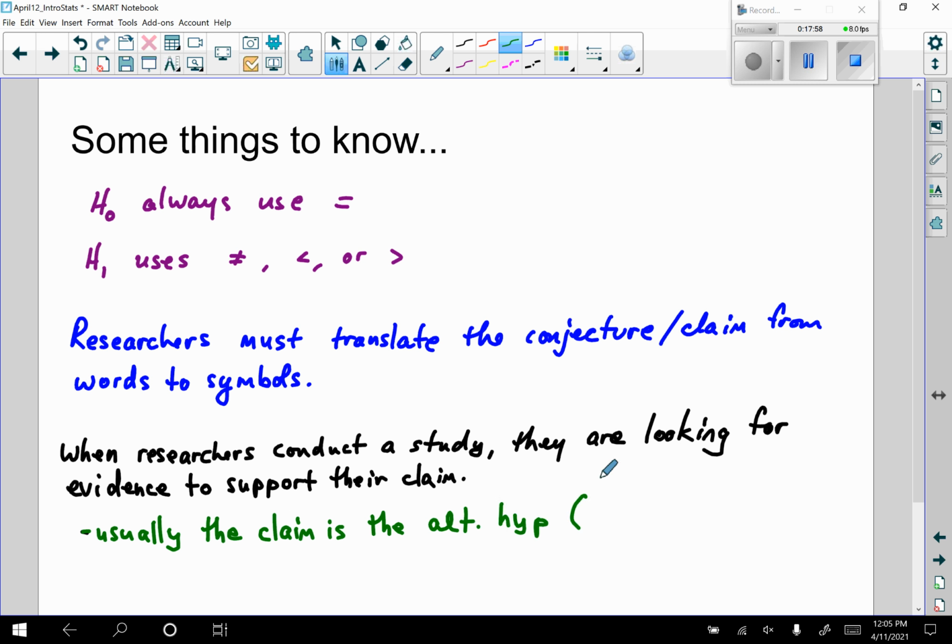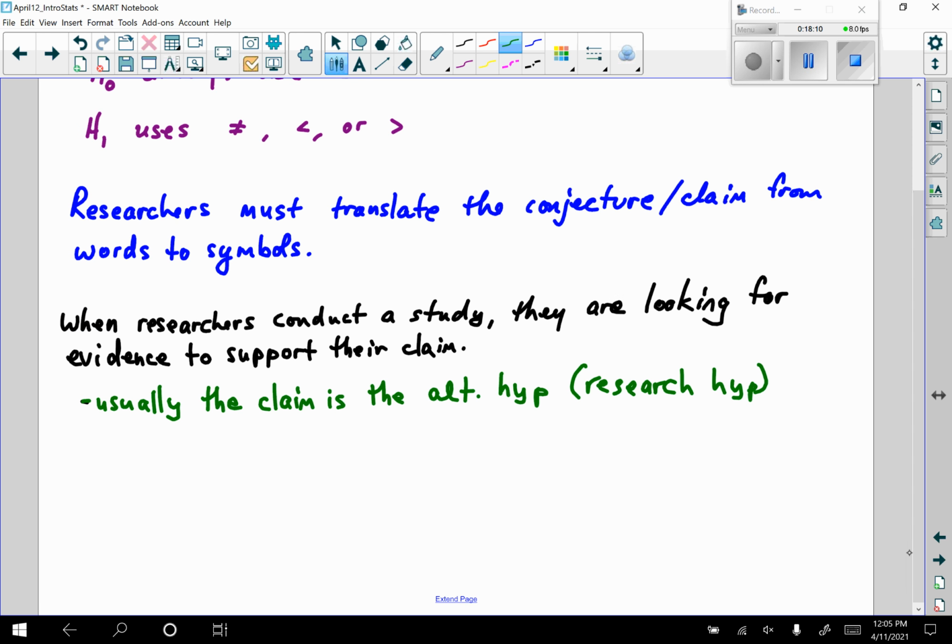So again, referring to the alternative hypothesis, you might see that phrase in some examples, or the research hypothesis. If the claim is the null hypothesis, then we're looking for evidence that's used to reject or not reject the claim.